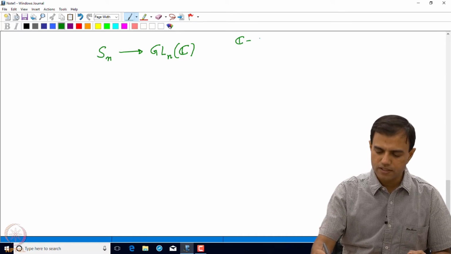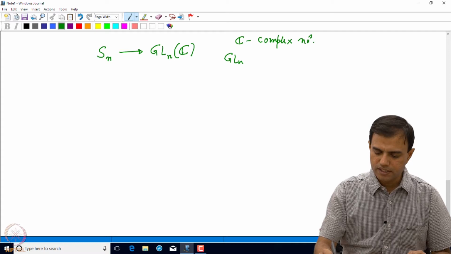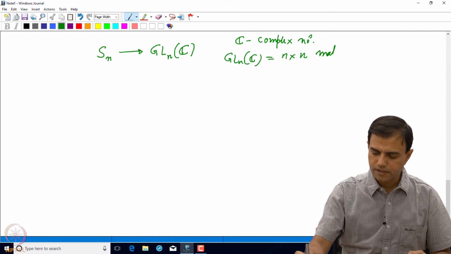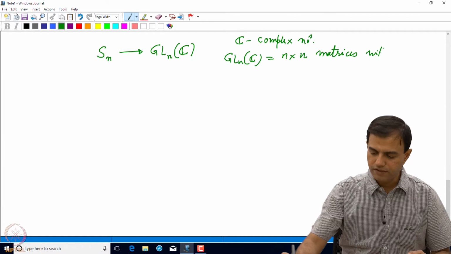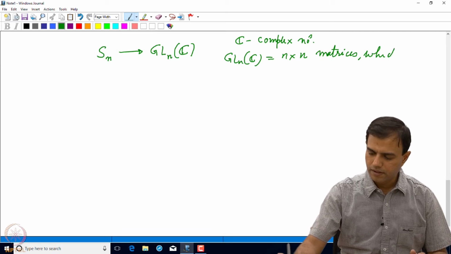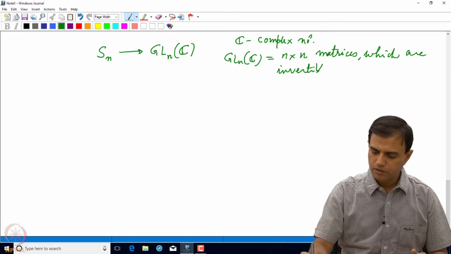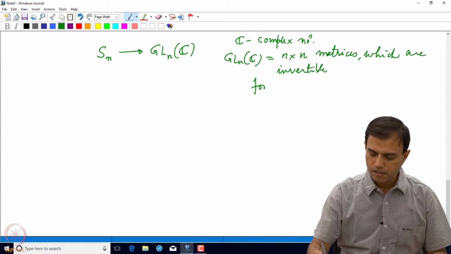C is the field of complex numbers, and GLnC is the n by n matrices which are invertible, and it forms a group.